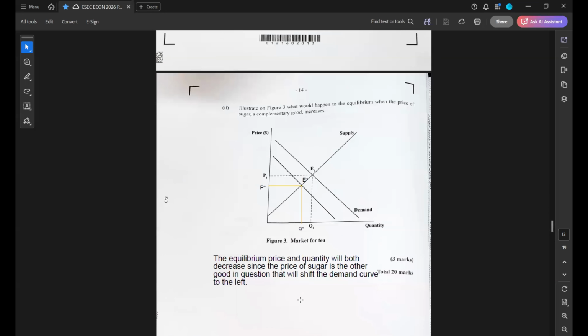Price of another good is a non-price determinant of demand that will shift the demand curve to the left. That is why both the price and the quantity decrease, shifting the new equilibrium to the point where it is right now, as illustrated by the diagram. Are you following me? Okay, nice. Mark it for T. Just by doing that, you're going to get your mark.